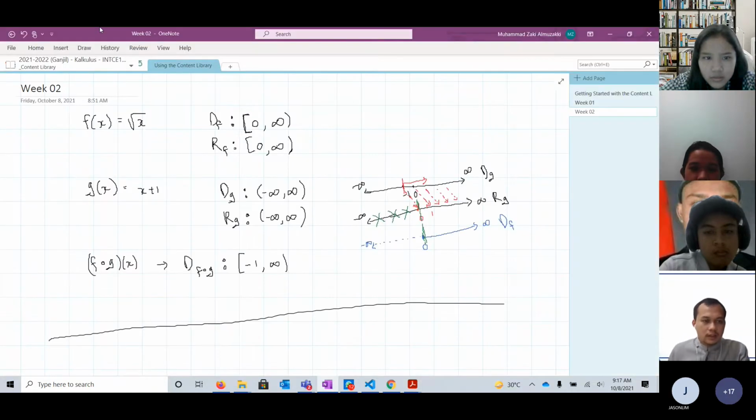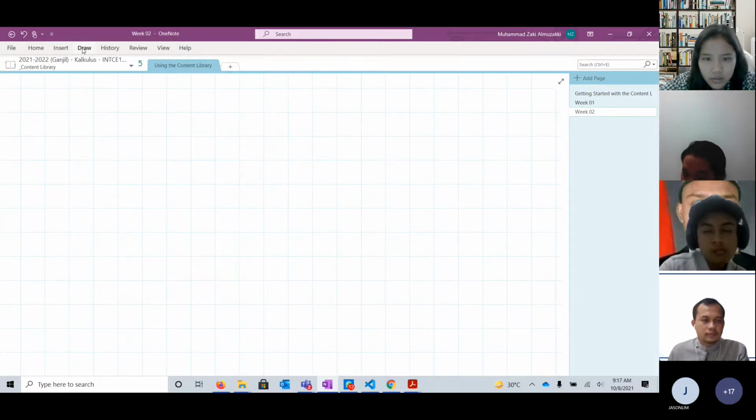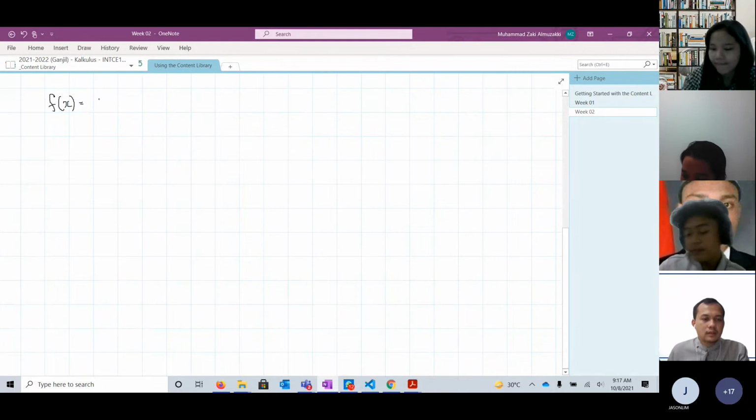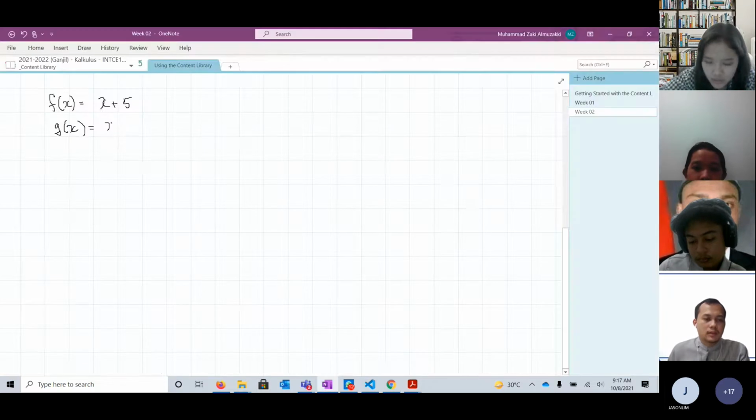So let me write it here. f of x is x plus 5. g of x is x squared minus 3. Now, what is f composed with g of 0?